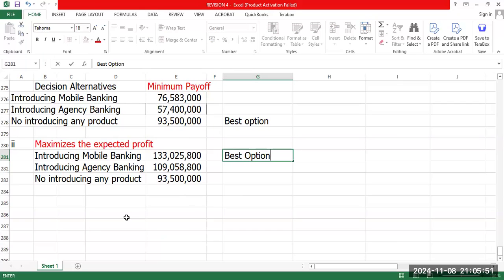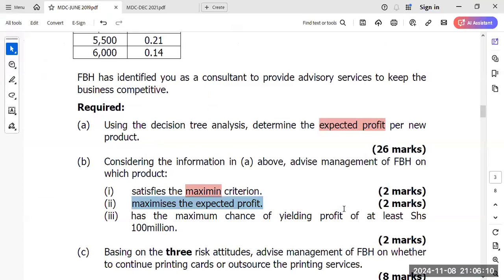So you advise the company to introduce mobile banking since it is the one that maximizes the expected profit.